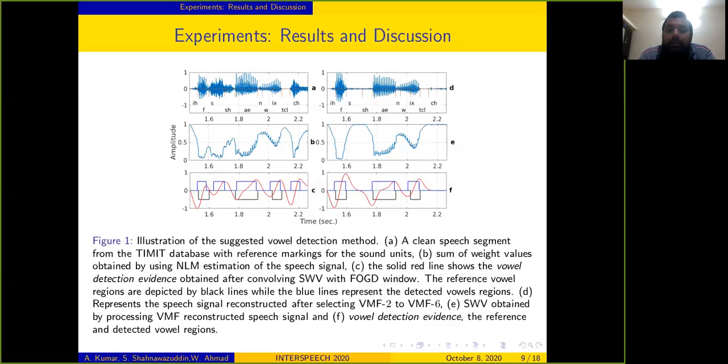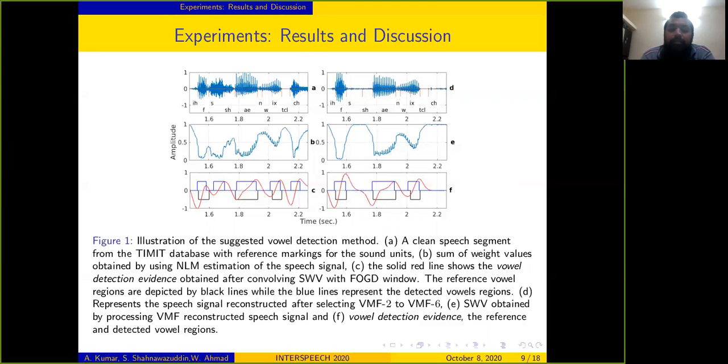Okay, and then the B part, we have shown some of the weight values obtained by using non-local mean estimation of the speech signal. And then in the third figure, C, the solid line shows the vowel detection evidence obtained from convolving the SWV with FOG-D windows.